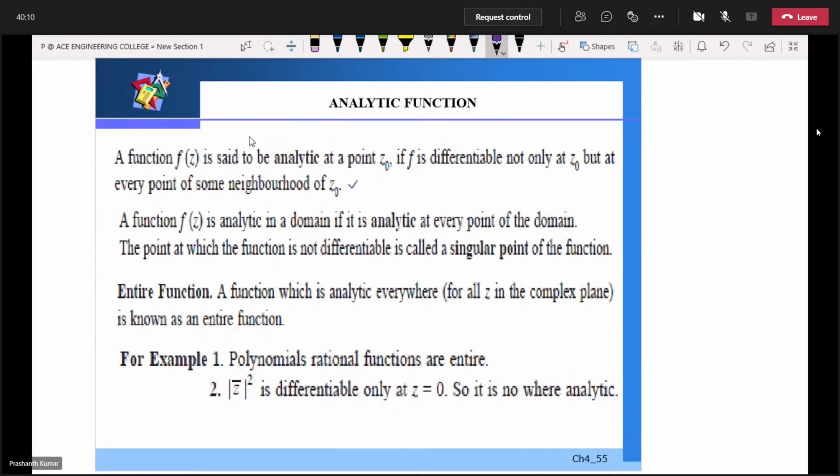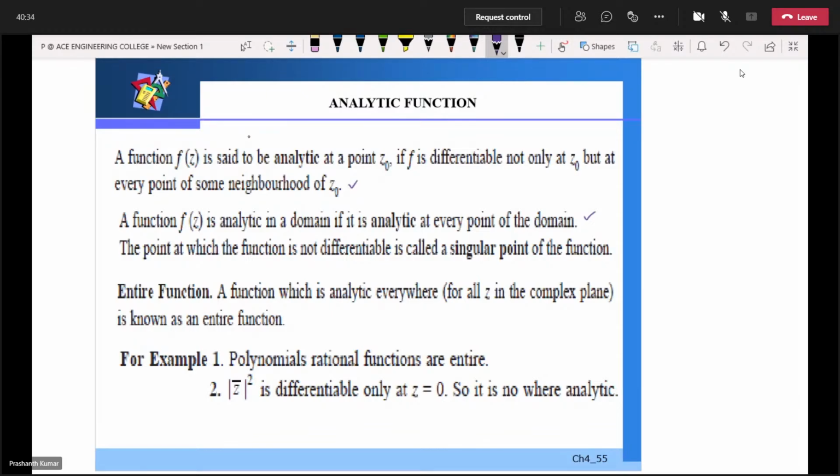A function f of z is analytic in a domain if it is analytic at every point of the domain. Now you understood the point, if in that whole domain it is differentiable, then we call it analytic everywhere in the complete domain.